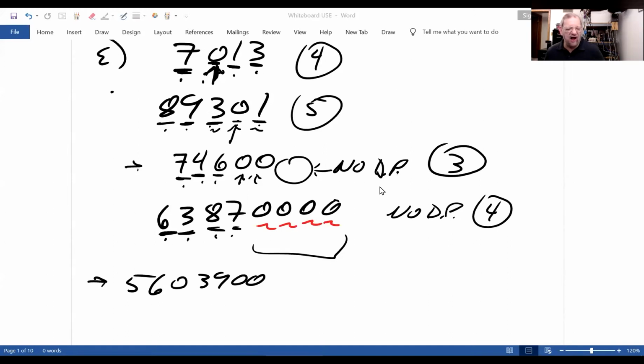All right, all non-zero numbers are significant. Ooh, we've got lots of zeros. Let's look at this one. It's confined between two non-zero numbers. Therefore, this is significant. Oh, we've got zeros here. But notice, no decimal point.